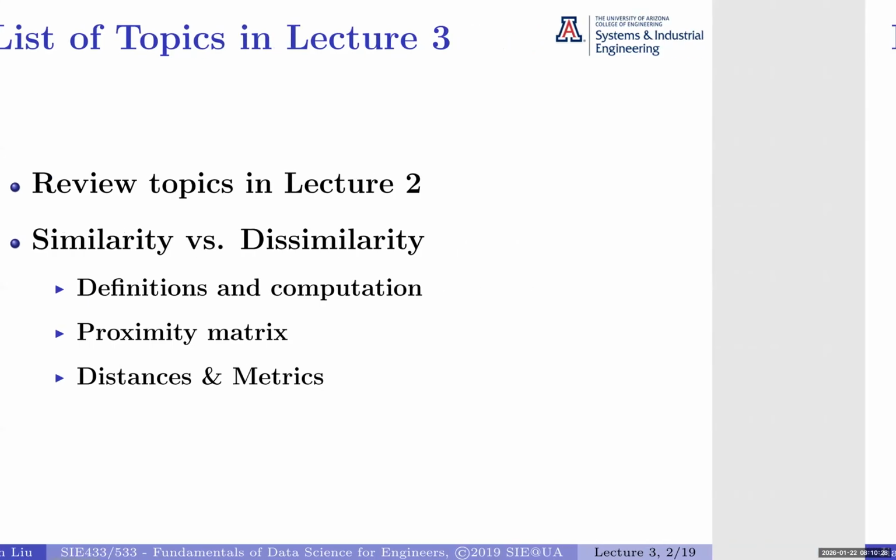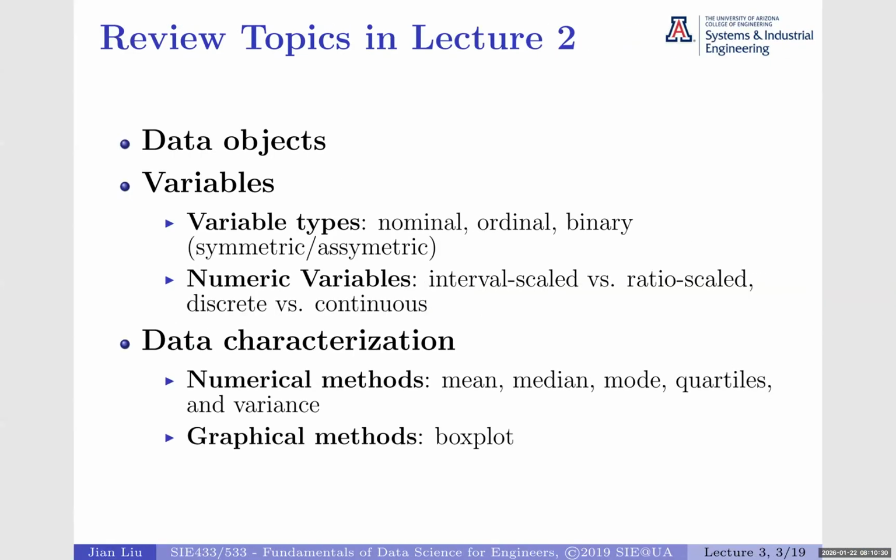Okay. So in the previous lectures, we introduced the concept of a data object. Any entity, as far as it can be described by certain data, is named a data object. People also call it a data point, an entity, an instance for probability theory, or a sample for statistical learning or statistical inference.